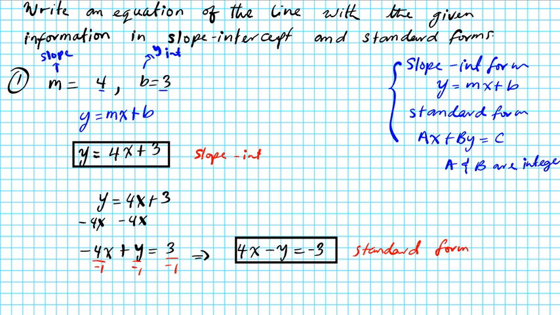For number 2, we're going to do a similar problem. What if we had m equals 1/3 and b equals 5? All right, so first thing we'll do is write down the formula to guide us. The formula is y equals mx plus b.